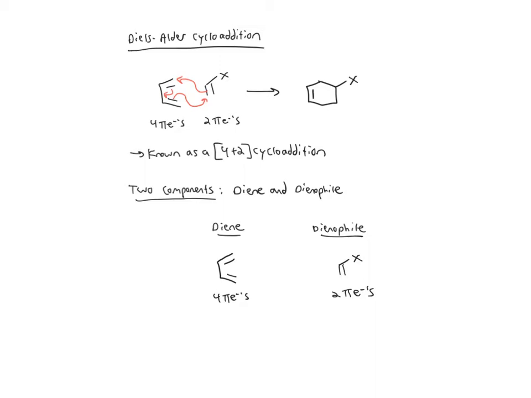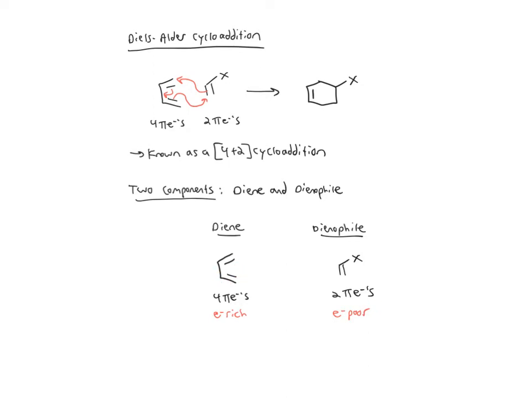Also, because the diene has more pi electrons for that reaction, it's the electron-rich species, and the dienophile is electron-poor. What we're going to see for that dienophile is that this X group is going to be an electron withdrawing group, and that's going to make the dienophile even more electron poor, which is good for this reaction because then the electron-rich component can attack it more easily.